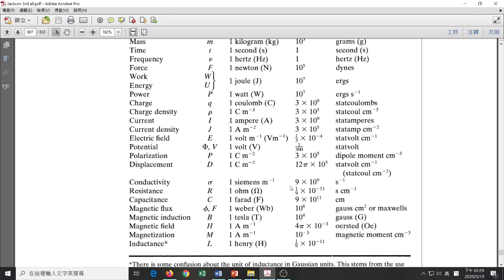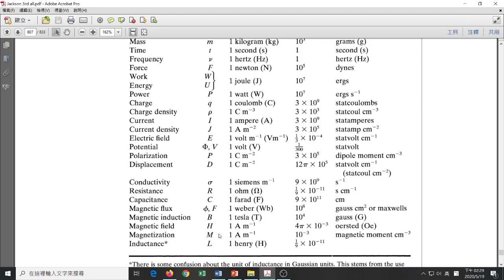Resistivity, we say 1 ohm, and here we use another notation called siemens, inverse seconds. Actually, people prefer here and this one. And capacitance, we use C. Magnetic flux, 1 Weber. Magnetic field B, we prefer Tesla. And sometimes we use Gauss, G.